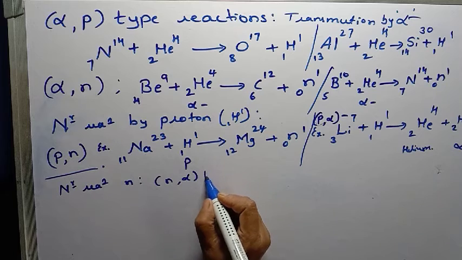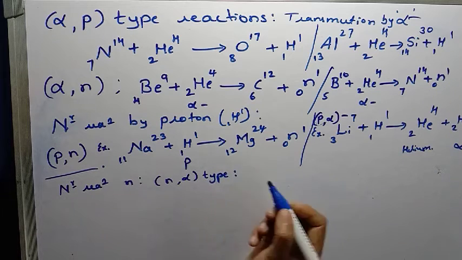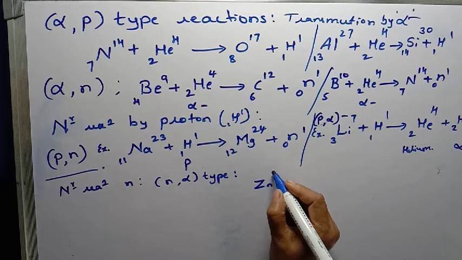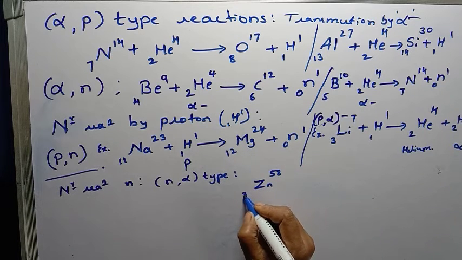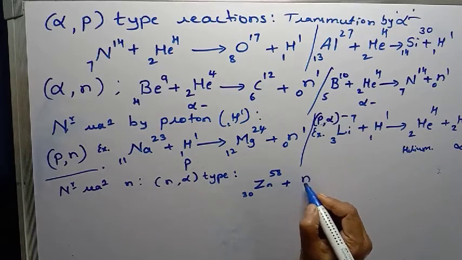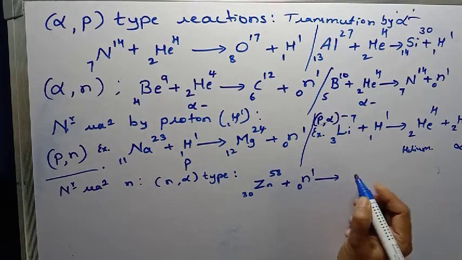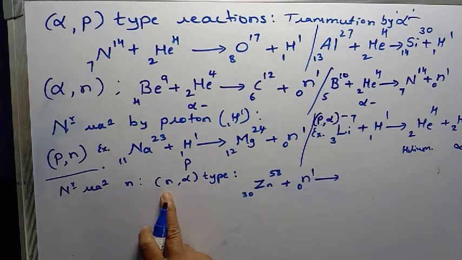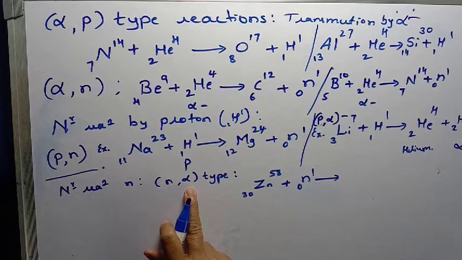Zinc, 30, when it is made to react with neutron, neutron is 0, 1. Here neutron is the bombarding element and alpha will be liberated.